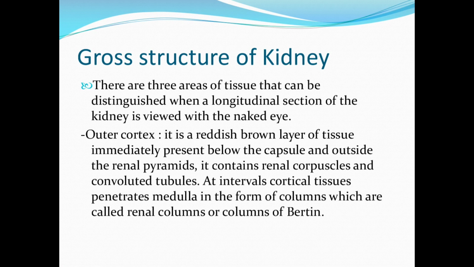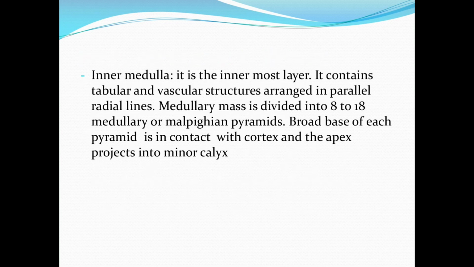The medulla is the inner portion. This cortex contains the renal corpuscles and the convoluted tubules, those functioning units called nephrons. And at intervals, the cortical tissue penetrates the medulla in the form of columns, called the renal columns or the columns of Bertin.